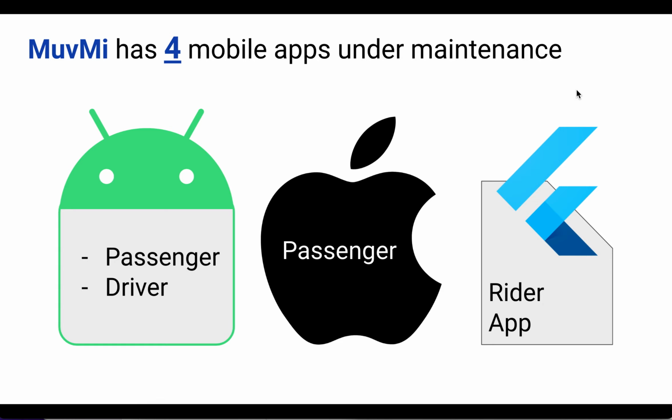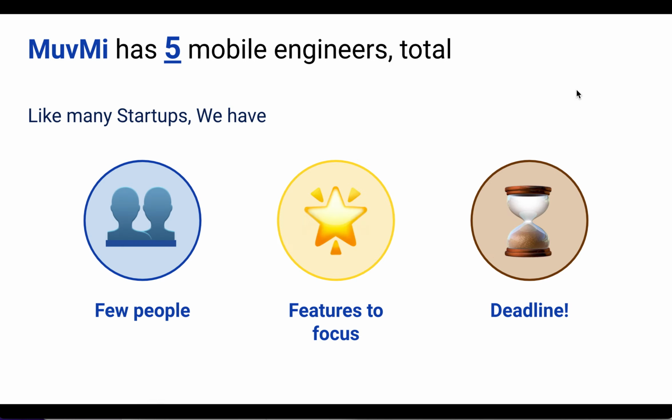But similar to a lot of startups, we face some challenges. We don't have that many people. We have 5 mobile engineers across the whole company, and we still have features to deliver on deadline to ensure that our customers have competitive features in the startup ecosystem we are working in.